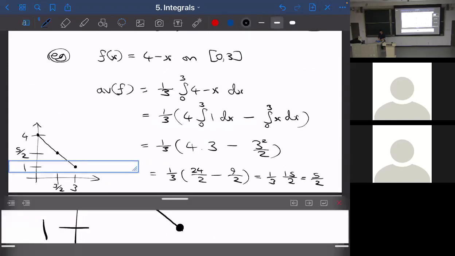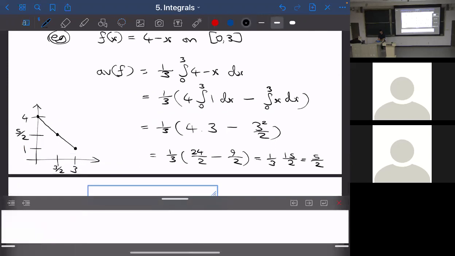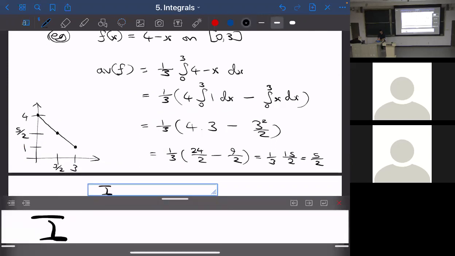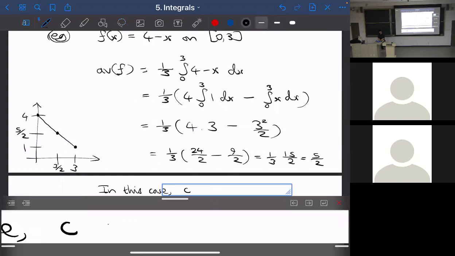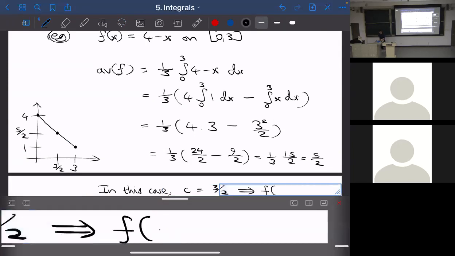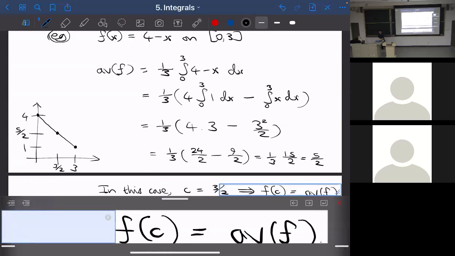So in this case, we can put c equals 3 over 2 in that theorem. So if I put c equals 3 over 2, then the value f(c) is equal to the average of f.